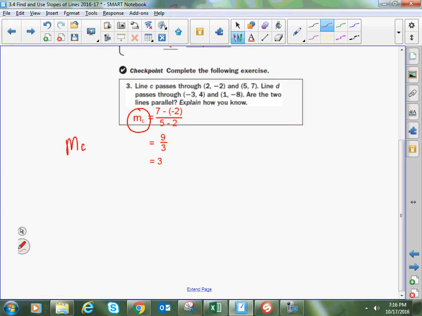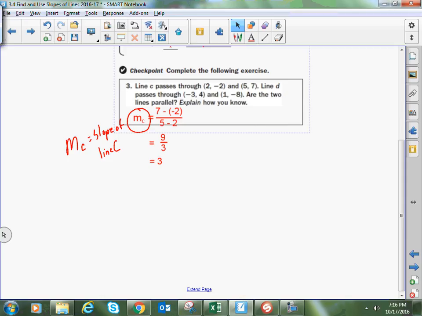So this is how I denote the fact that I'm talking about the slope of line C. M sub C is the slope of line C. So we have a slope of 3 on that one.